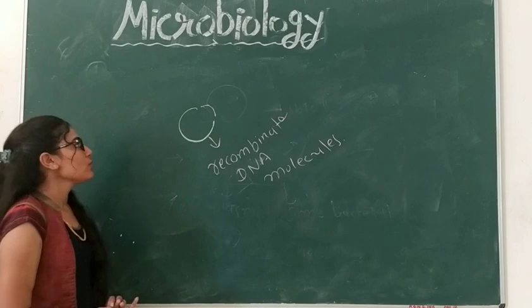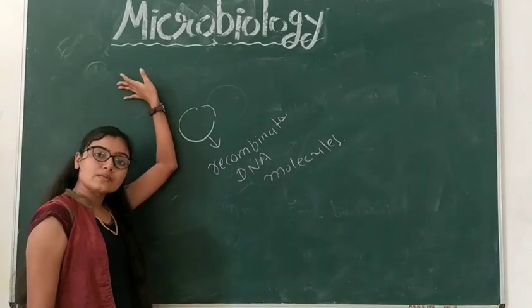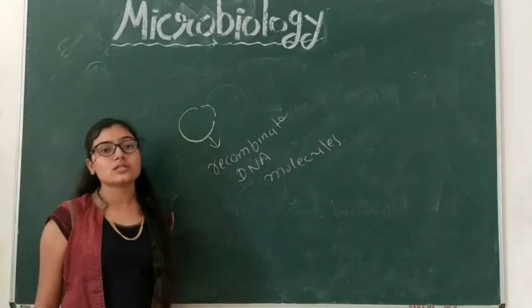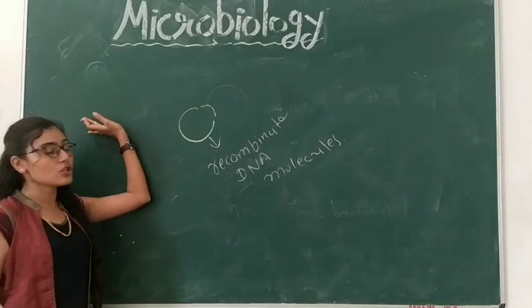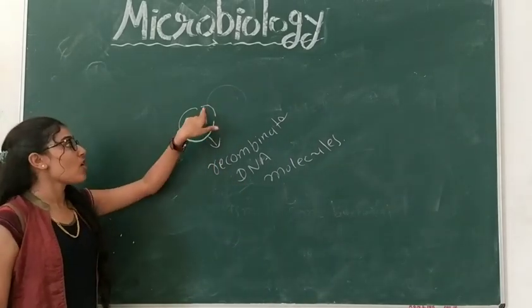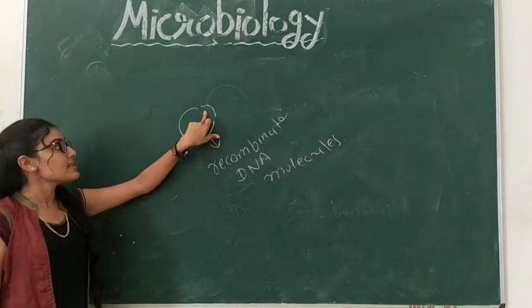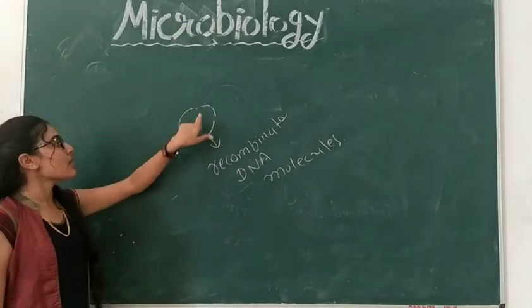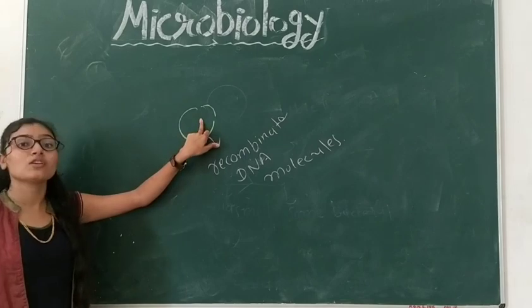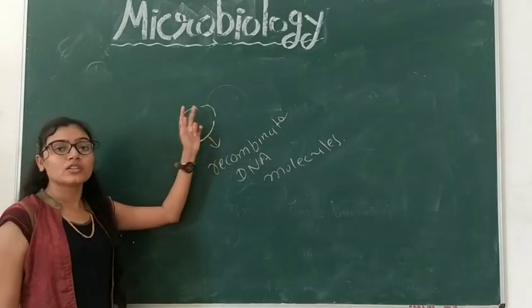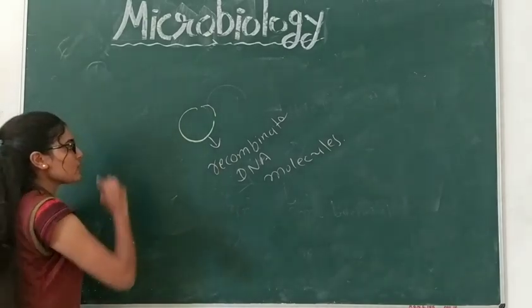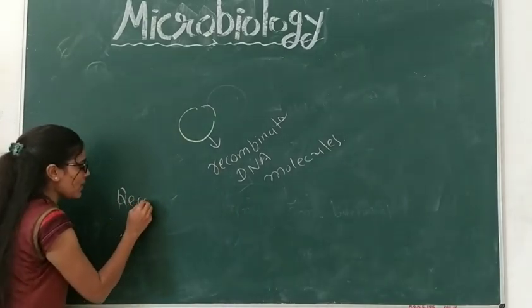First of all, we take the plasmid or vector and cut it using a restriction endonuclease enzyme. That same restriction endonuclease enzyme is also used for fragmentation of our desired gene, so the same restriction enzyme is used at the cutting site. After that, we use the ligase enzyme for rejoining both genetic materials. Here recombination occurs.